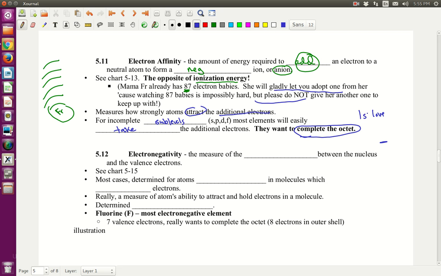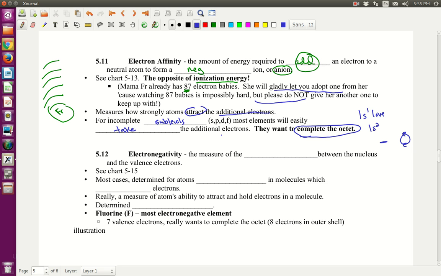Okay, if it's 1s1, it would love to become 1s2. Remember, the s sublevel has 1 shape. That's that sphere. And it can hold only 2 electrons, and that would be all it could hold. It would be complete. So it would gladly do that. And so the 2s2 and the 2p6 work the same way.